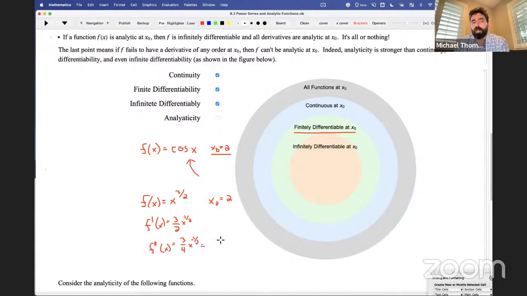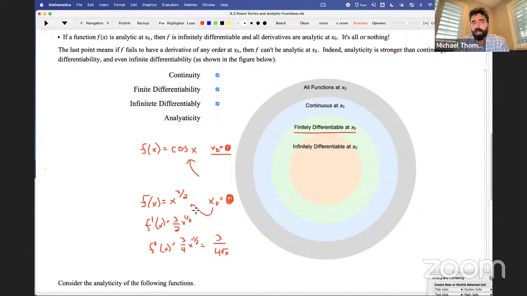If you think about what that means, 3 over 4 square root of x, right? Does that derivative exist at 2? Can you plug in a 2 in there? Oh, wait a second. I messed up. This should be a 0. I meant to say 0 for this one, and I should have made that a 0 too. It doesn't make a difference up here, but it does make a difference down here.